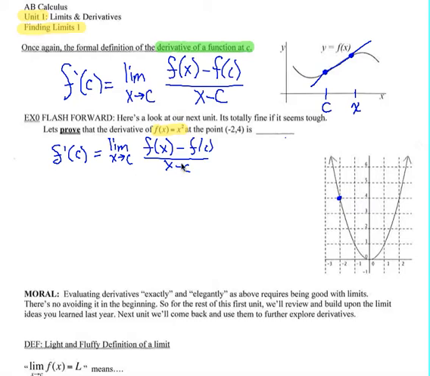So since I know the function and I know the point that I'm looking at, I'm going to rewrite this using the specifics that I'm interested in.